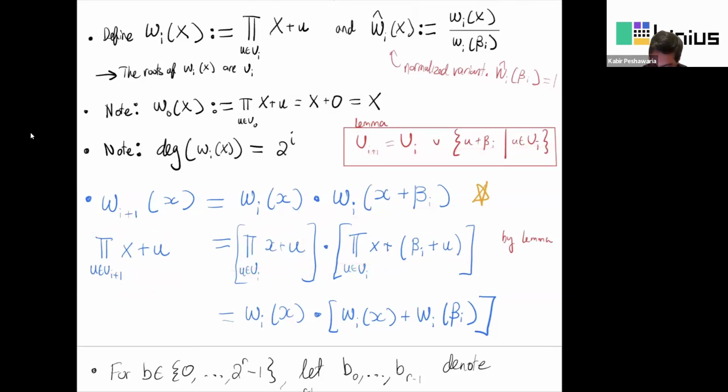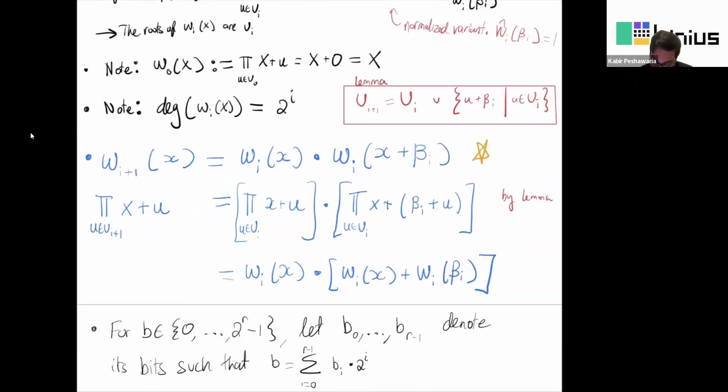Half of the elements of U(i+1) are just in Ui, and half of them are in Ui but bumped up by beta i. So this is equal to this, which is equal to this, which is a proof that this identity is true, and this identity will come up much later. But just highlighting it now, you can come back to this section when that identity does come up if you're curious.